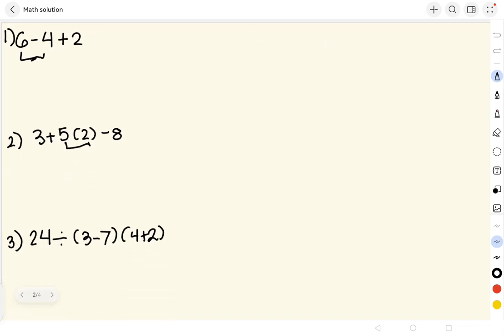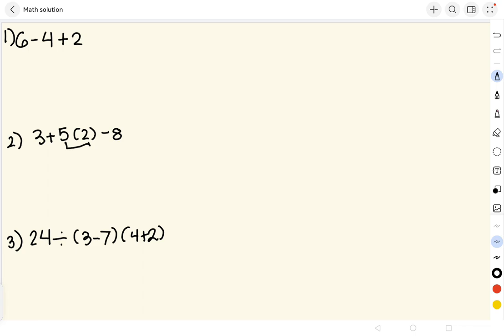So our first example equation that we are given is 6 minus 4 plus 2. We always need to remember the rules, what starts and what ends.